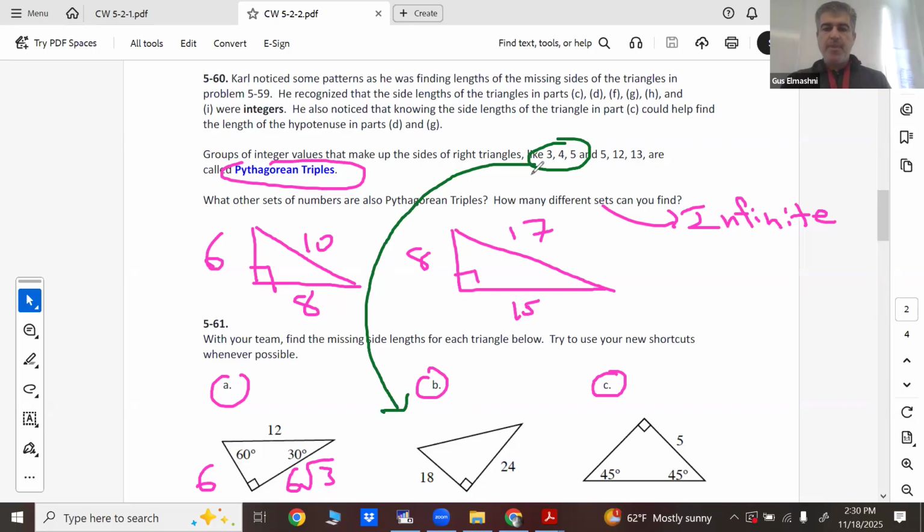Yeah, it looks like we're multiplying by 6 every time. So it's 30. Just so you guys see what happened, you could do Pythagorean theorem if you want, but seriously, I would just do the ratios. You got there.